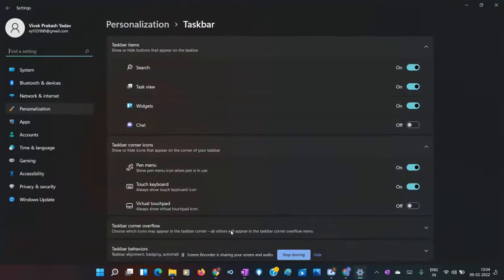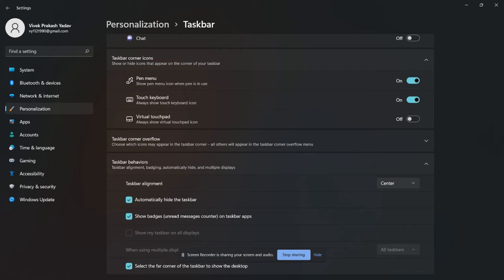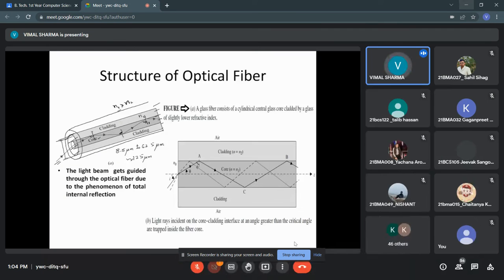So we have started with this new chapter on fiber optics. We discussed the basics of fiber optics, or you can say we discussed the basics of how light propagates through any medium. What are the phenomena related to propagation of light?